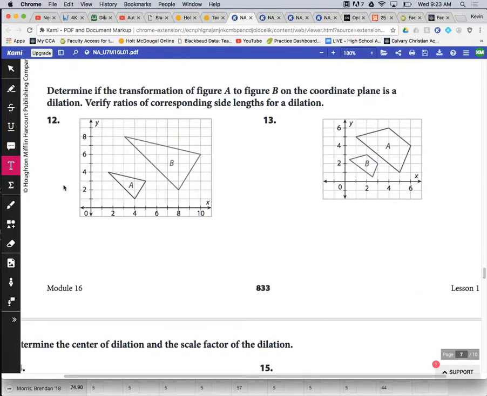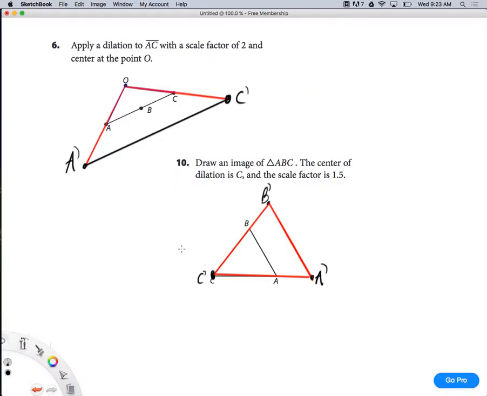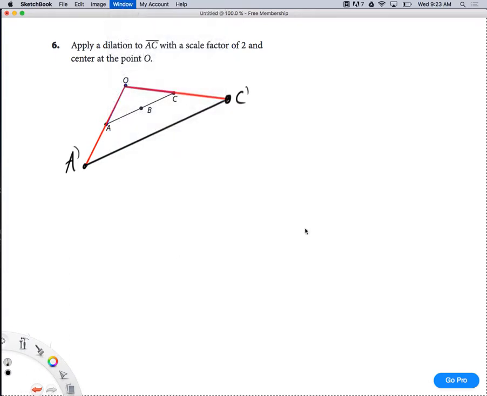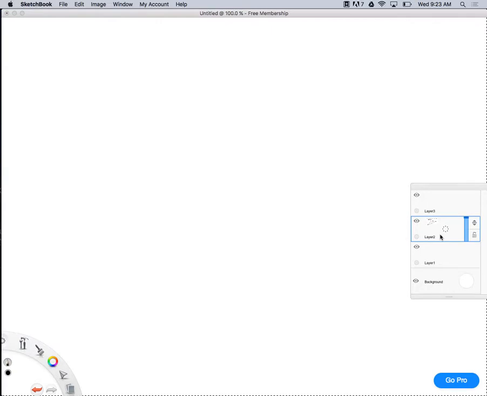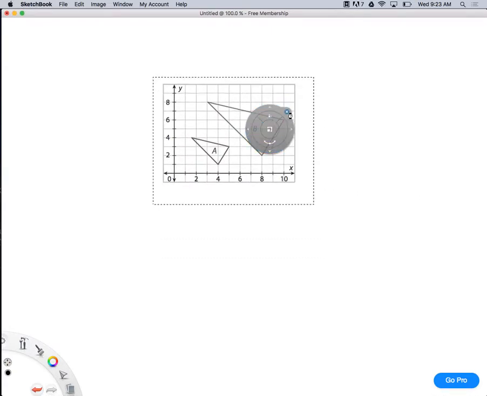Okay. These kinds of things, number 12 and 13, I want you guys to notice number 12 here. It says determine if it's a dilation. Well, how do I determine if it's a dilation?